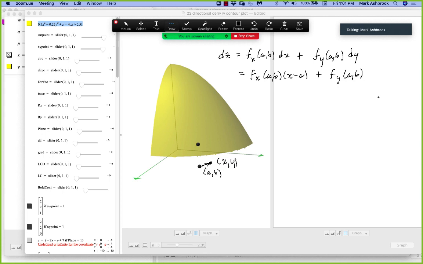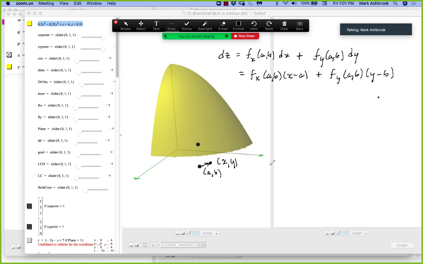Then the change in y would be final minus initial, y minus b. So x and y are variable. You could pick any point around there, and by applying this formula, we get the change in z, the differential for your new point (x, y).